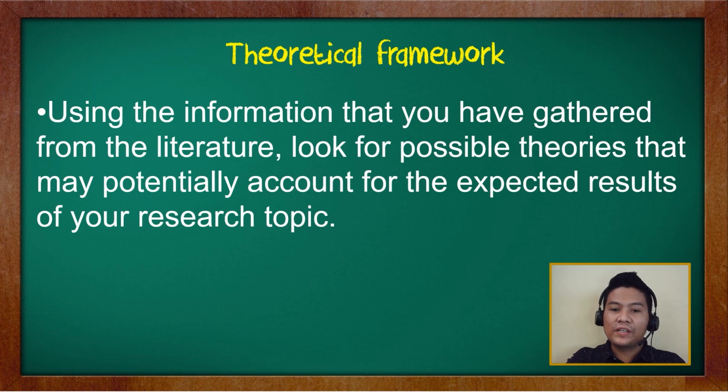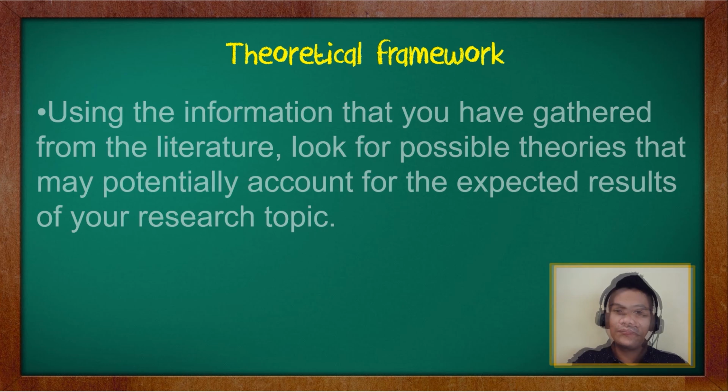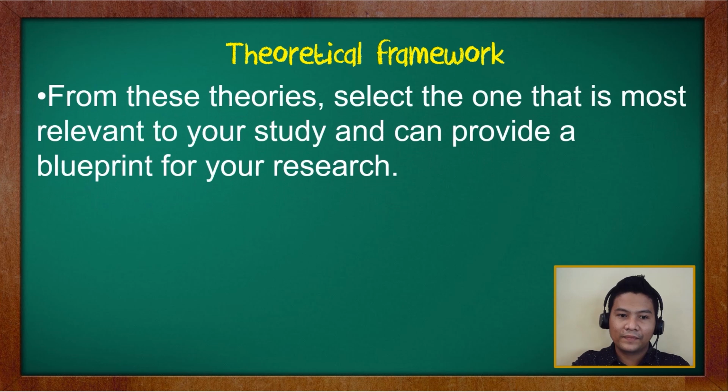Using the information that you have gathered from the literature, look for possible theories that may potentially account for the expected results of your research topic. From these theories, select the one that is most relevant to your study and can provide a blueprint for your research.